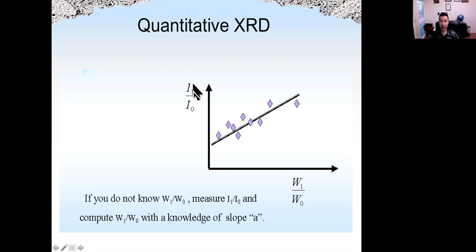We can also measure the I1 and I0, which is the intensity ratio for the known and the reference materials. And we can get many different points. Based on that, we can have an idea of the slope, and based on the slope, we can somehow estimate W1, which is the weight of the unknown materials. So that's the basic idea to do quantitative analysis using XRD.